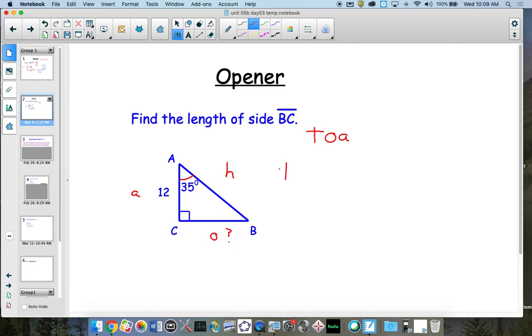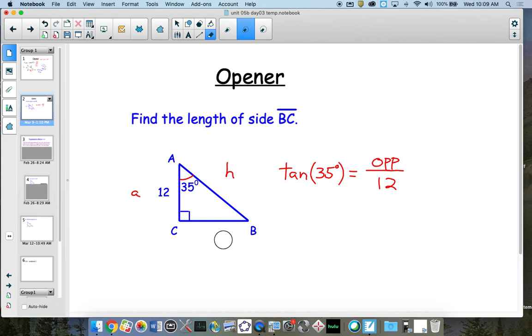So, we're going to say the tangent of angle A, which happens to be 35 degrees, we usually just wrote the letter A, but the tangent of 35 degrees equals the opposite leg, which we don't know. That's what we're trying to find out. Maybe I should write OPP so you don't think that's a 0. Over the adjacent leg, which is 12.